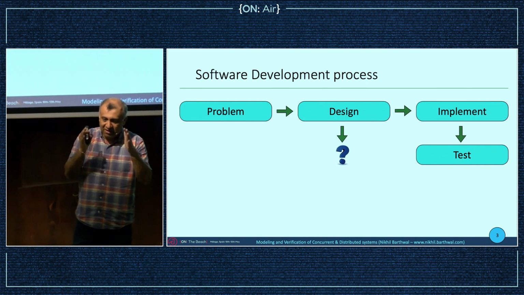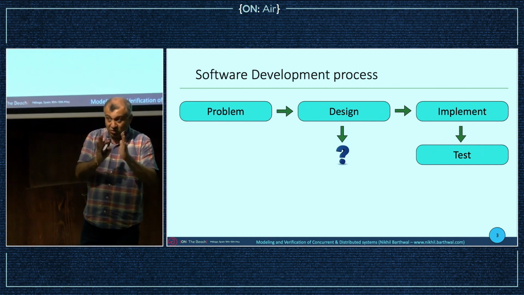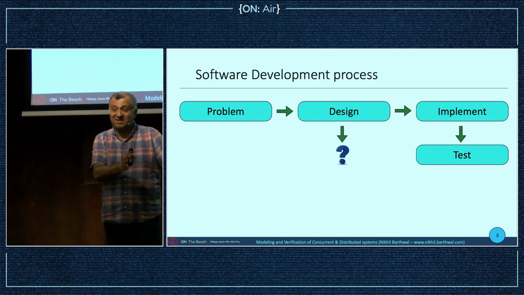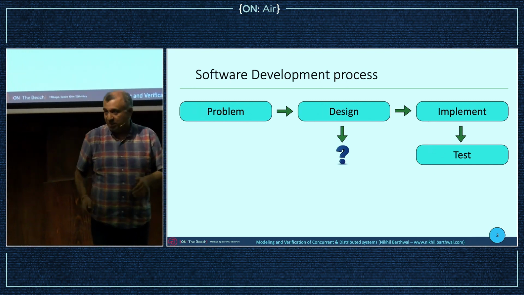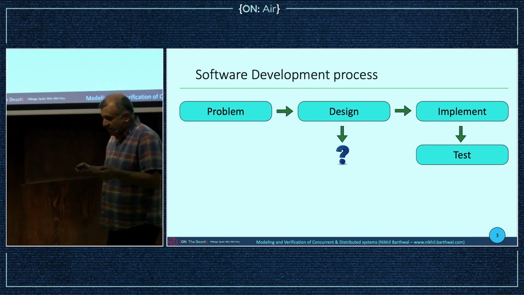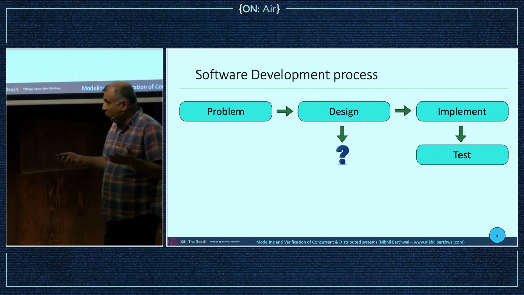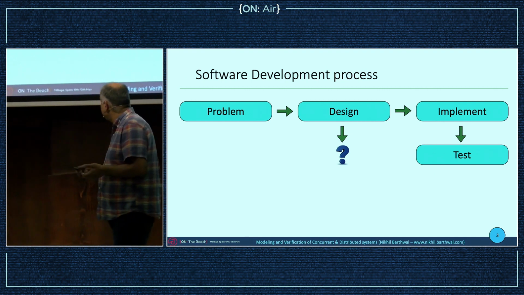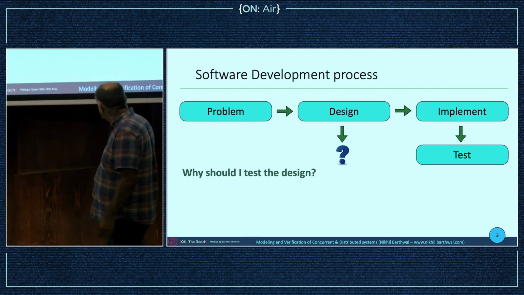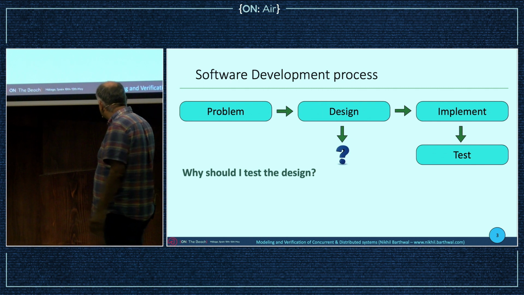So your implementation is correct, it matches the design, but your design itself has a problem that you realize when your code runs in production. At that point you basically have to do an expensive rewrite. So that's the reason why you should test your design.